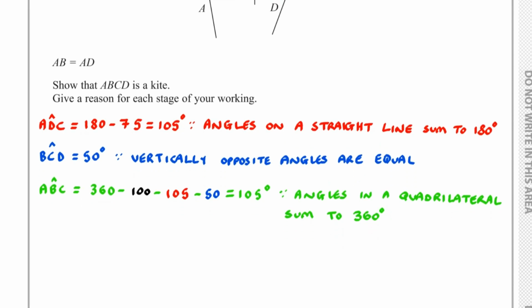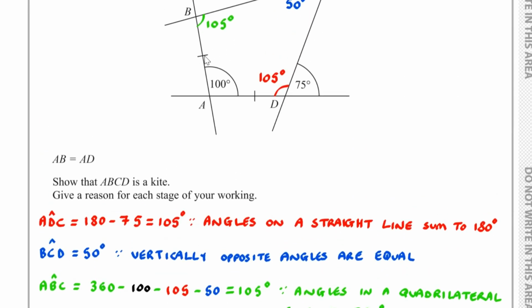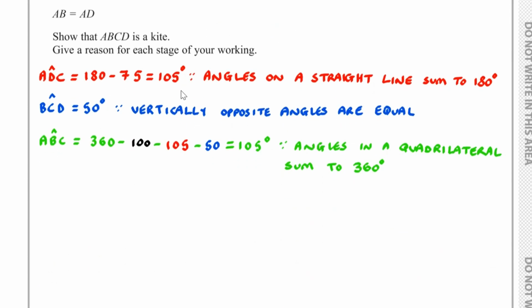Now, the reason we have a chi is we've got the angle ADC and the angle ABC equal.